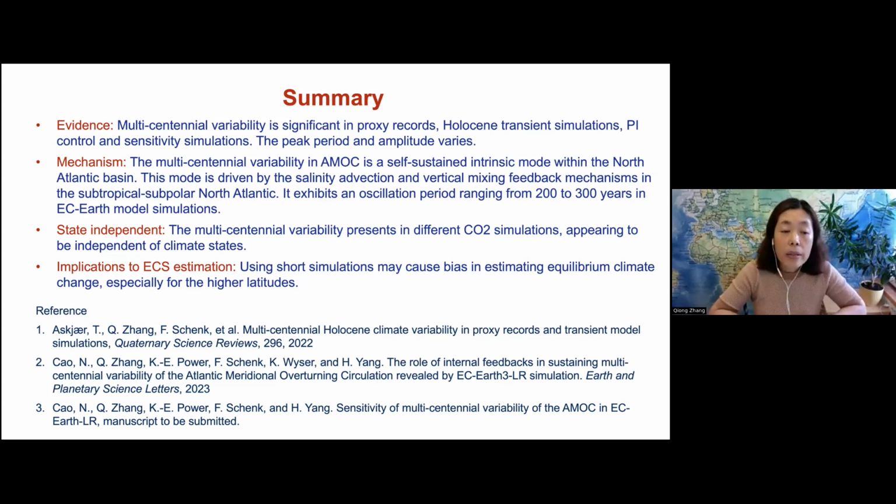And when we use different CO2 levels, we also found that this kind of variability is actually state independent. It also is present in other warm climates, only changing in period and amplitude. And we also think there are some implications for the ECS estimation.